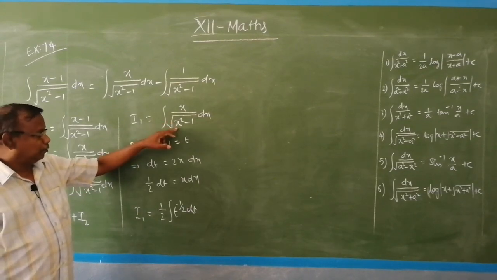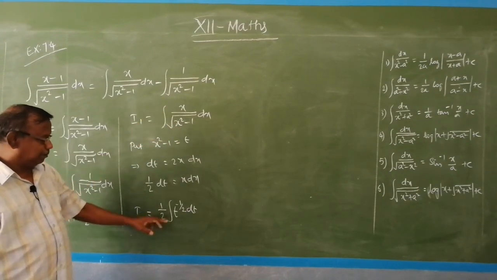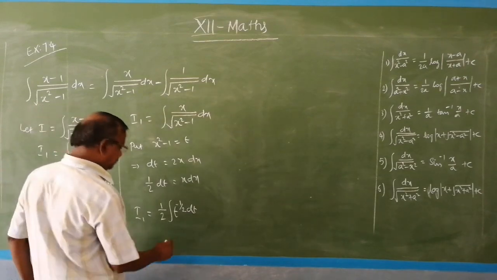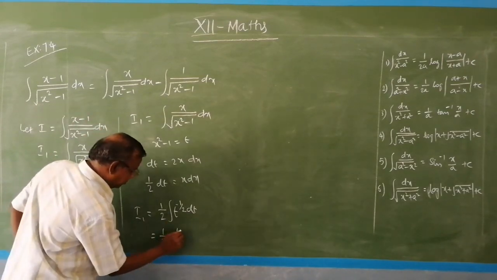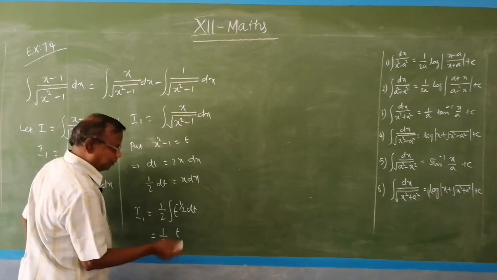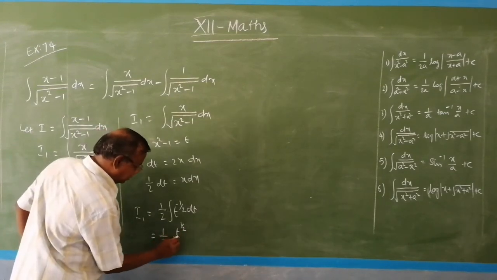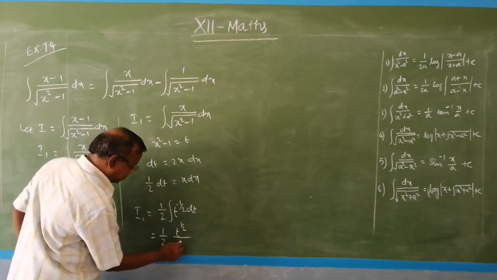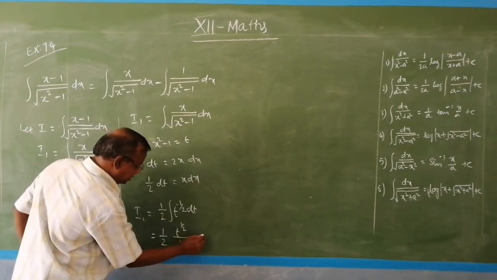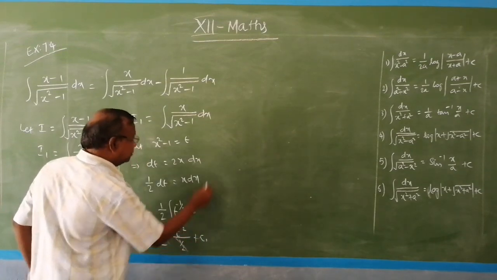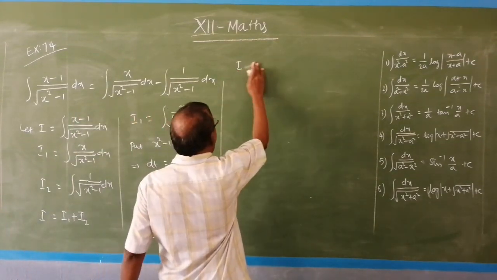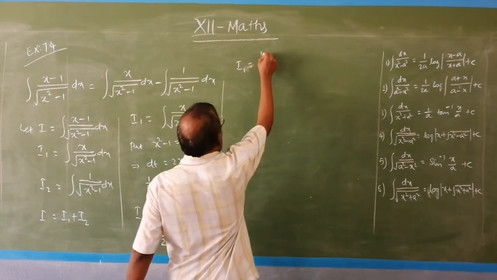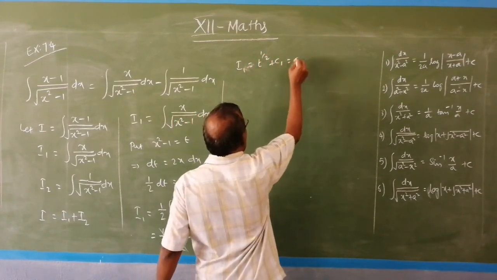Root t is nothing but t power 1 by 2, and bringing to the numerator it is t power minus 1 by 2. Now integrating this, t power (minus 1 by 2 plus 1), that is 1 by 2, and the denominator is also minus 1 by 2 plus 1 equals 1 by 2, plus c1. So cancelling these two, we have I1 equals t power 1 by 2 plus c1.